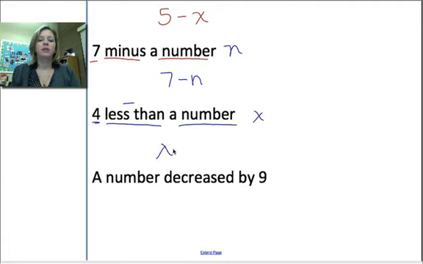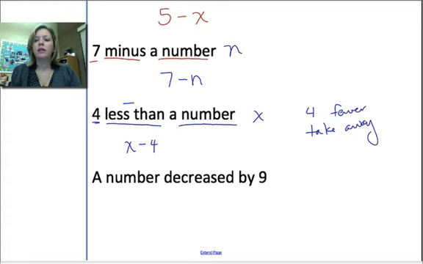It's actually going to be x minus 4. Let me try to write that down again here. X minus 4. So how come it's x minus 4 and not 4 minus x? Well, think about it. If I want 4 less than a number, that's like saying 4 fewer. That means I have to take away 4. Oh, look, here's 2 more things we could add to our list under subtraction. Fewer and take away.